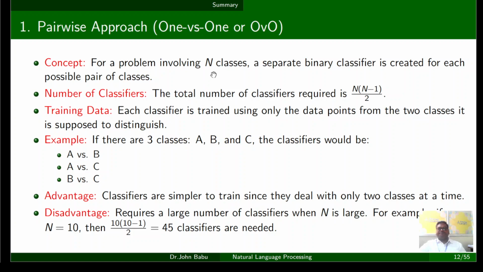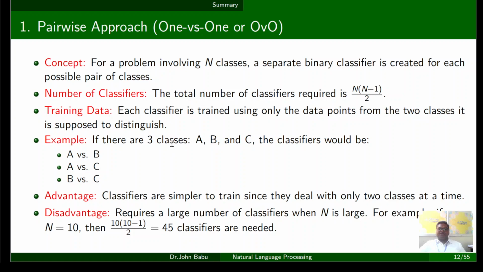We train a separate binary classifier for each possible pair: one for 1 and 2, another for 2 and 3, another for 1 and 3. So the total number of classifiers required will be n into n minus 1 by 2, and each classifier is trained only using the data points of those two classes.